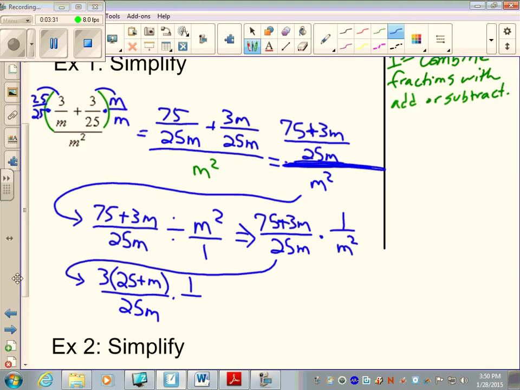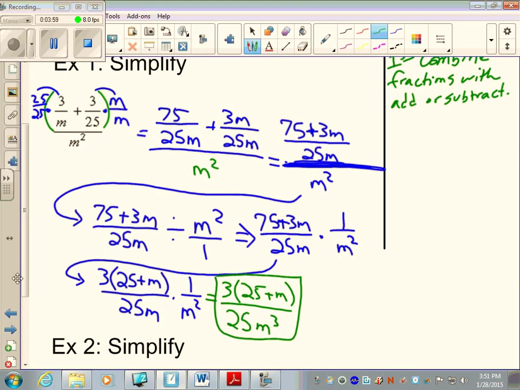And I look to see if there's anything in my numerators and denominators that I can simplify. 3 over 25, no. There's an m in the denominator, no m in the numerator by itself. Does not look like it, so now I'm just going to combine all numerators and all denominators, multiply them together. And since I couldn't simplify anything, that is my final answer.